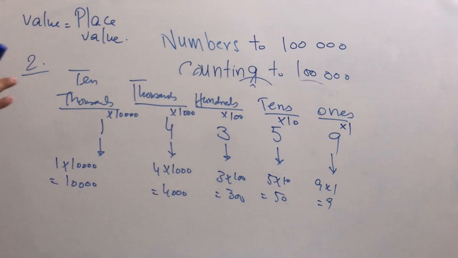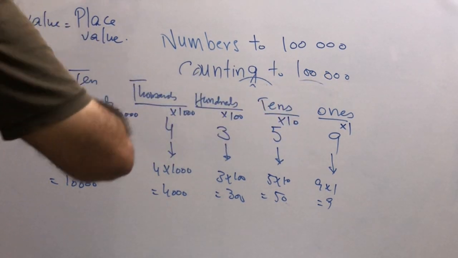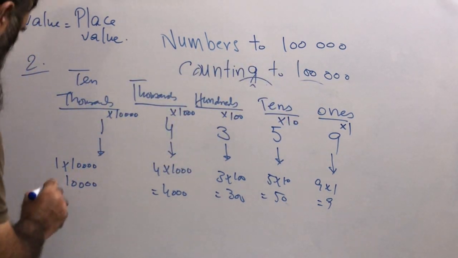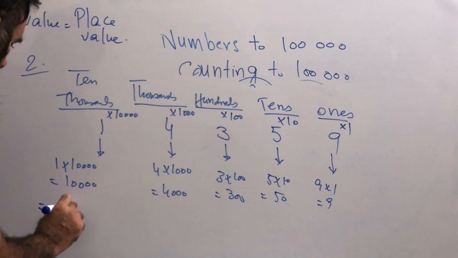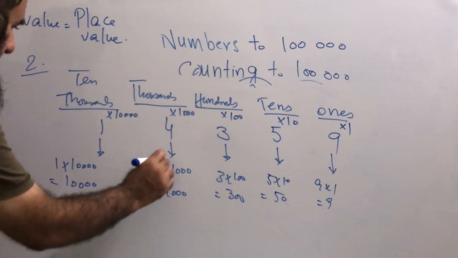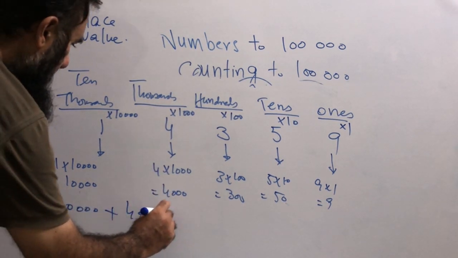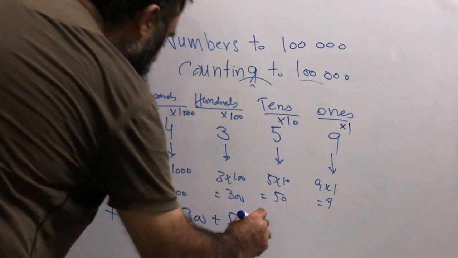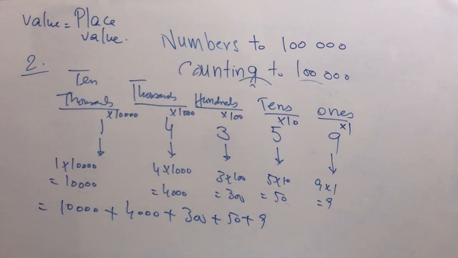Okay, these are the place values of all the digits. Now we can represent or write it in the form of sum of place values like this. It has 10,000 plus it has 4,000, it has 300, it has 50, it has 9. So we can write it in this way.